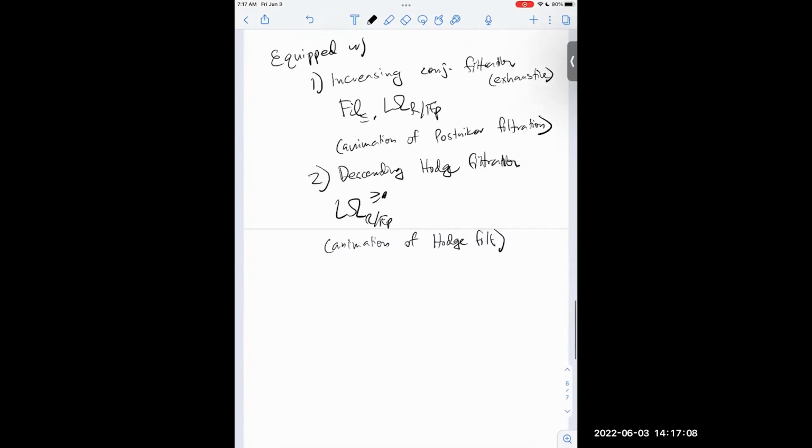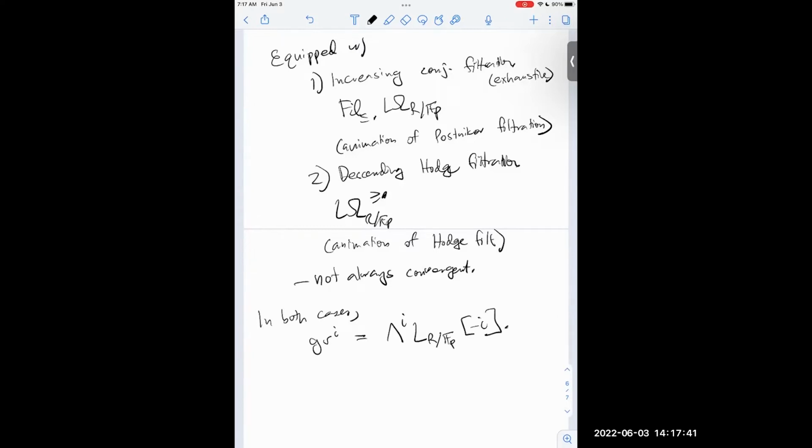This is not always complete, not always convergent, meaning the inverse limit of the filtration is not necessarily zero. And in both cases, by the Cartier isomorphism, the ith associated graded is given by the ith wedge power of the cotangent complex of R over F_p, with a shift by minus i.